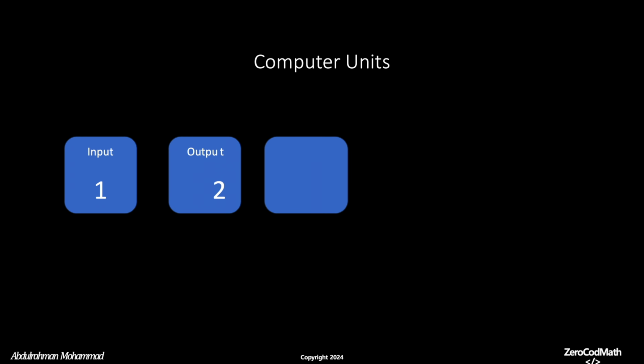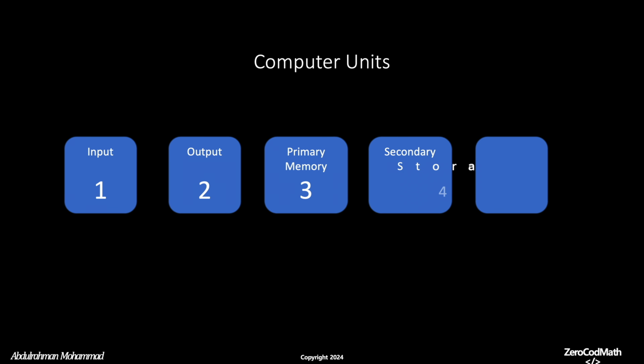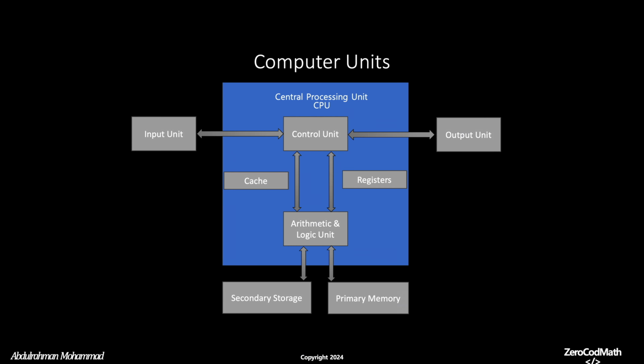We have input unit, output unit, primary memory, secondary storage, central processing. Here is the diagram of computer units. Here is input unit, the output unit, secondary storage, primary memory, and control unit. For the others, we will explain them in the next slide.